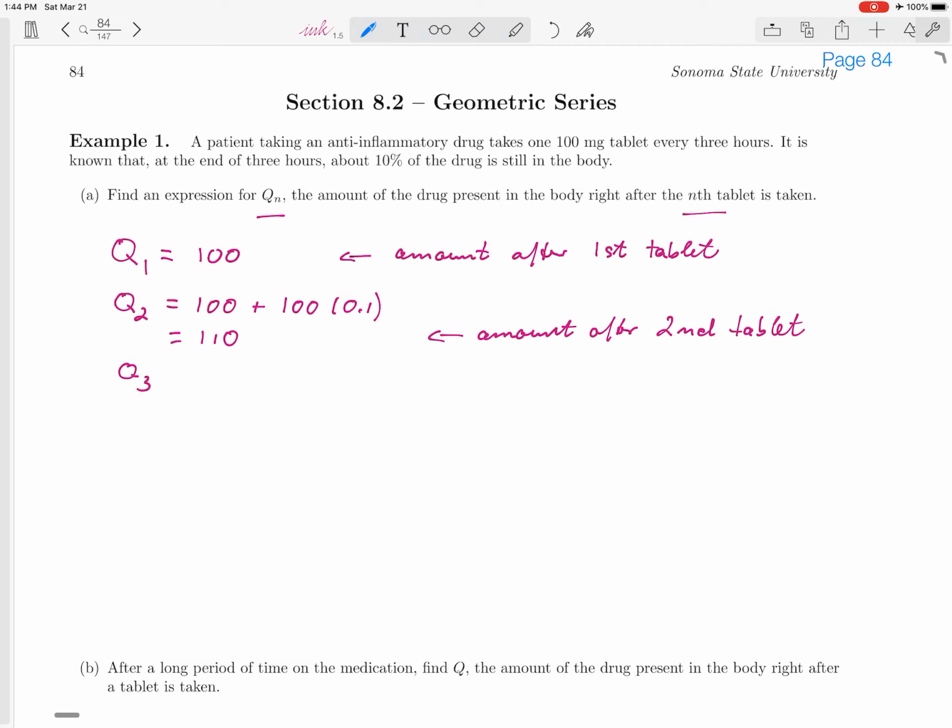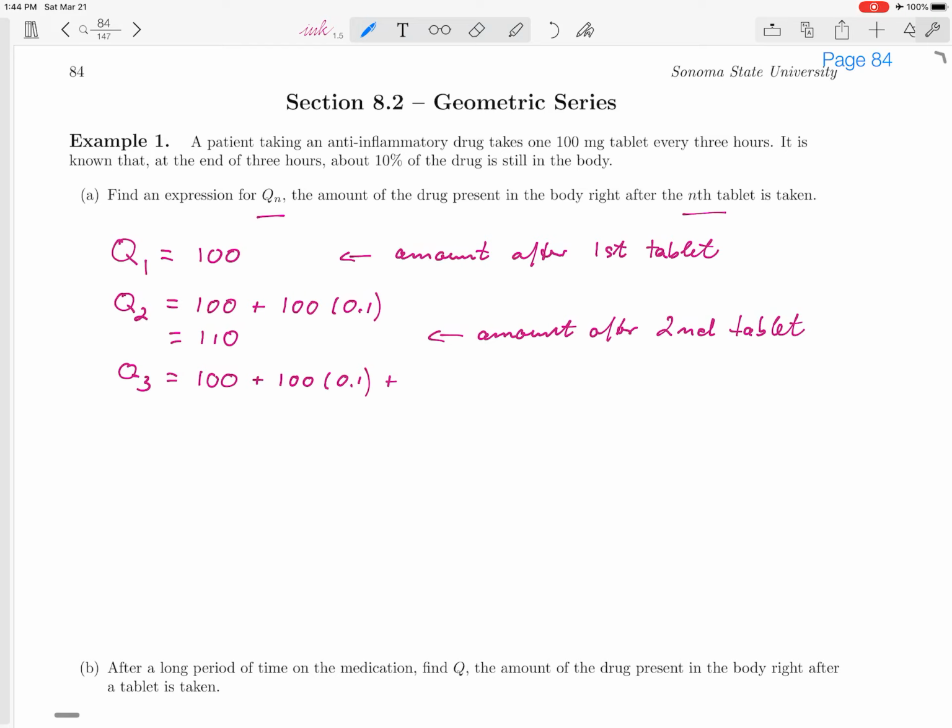Now it's 3 hours later. We are taking our third tablet, and that tablet is 100 milligrams. Tablet number 2 that we took 3 hours ago, we know that 10% is still in the body. So we have 100 times 0.1 from the second tablet. What about the first tablet?